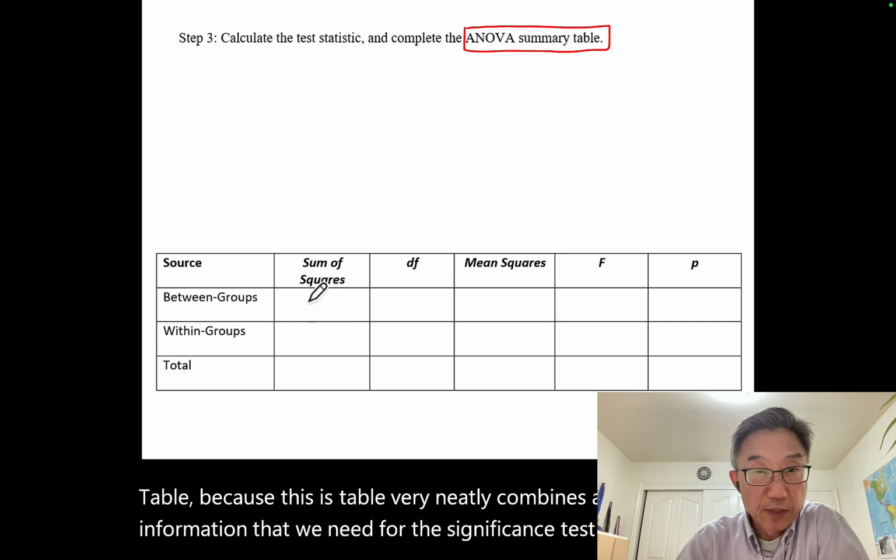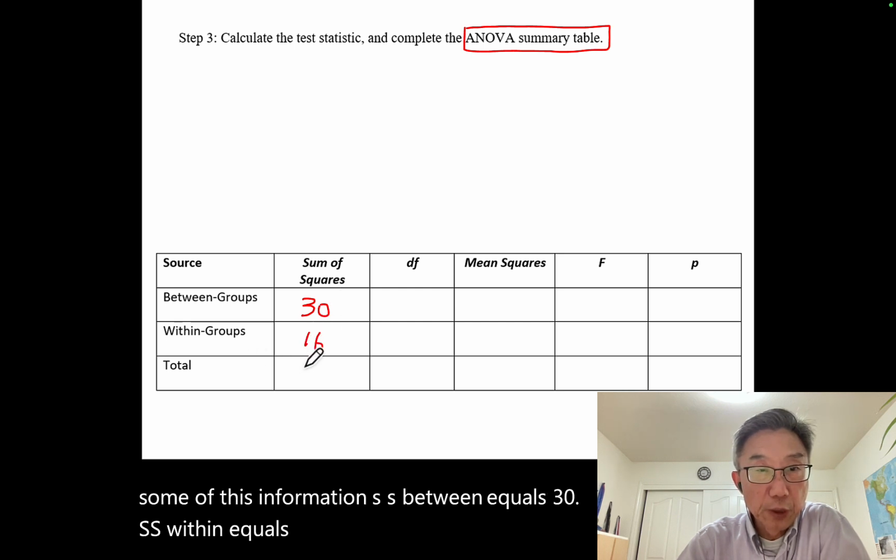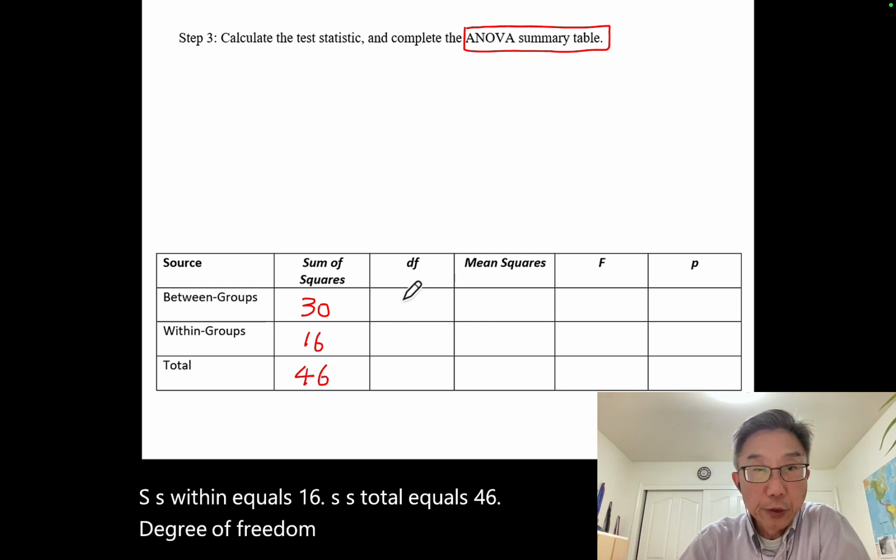So I already have some of this information. SS between equals 30. SS within equals 16. SS total equals 46. Degree of freedom between groups, 2. Right? That's 3 minus 1.